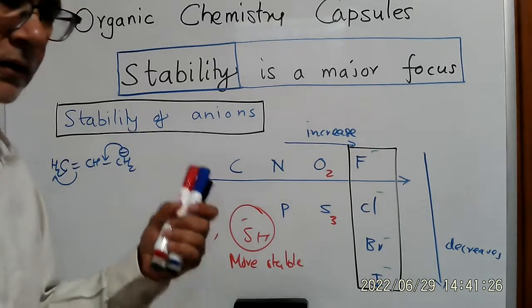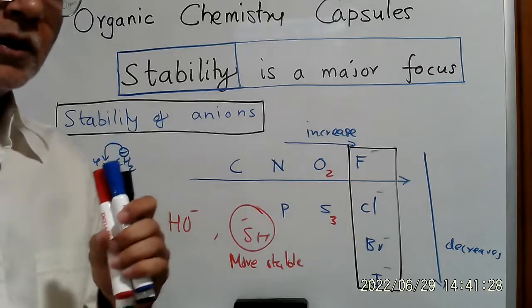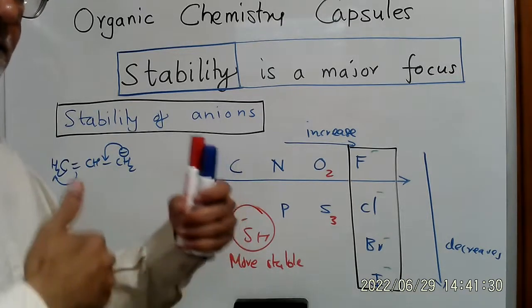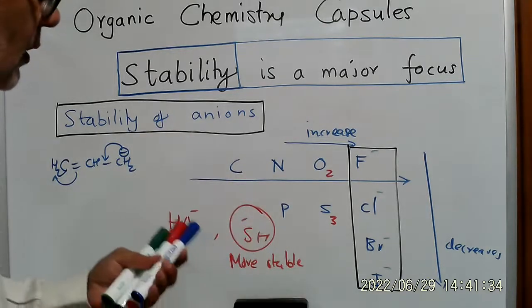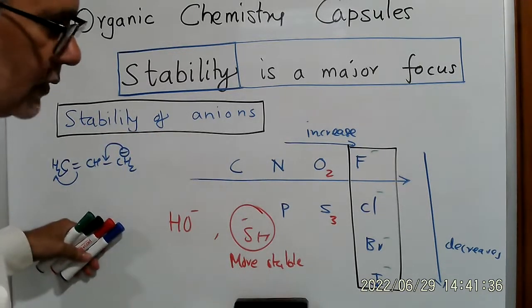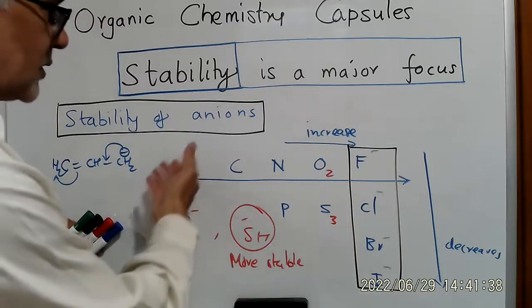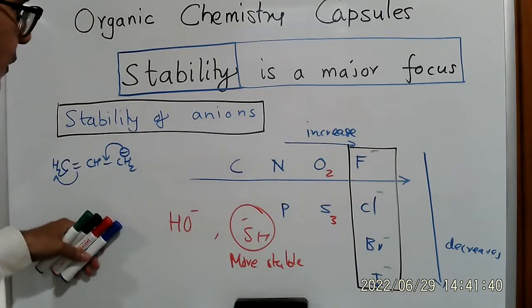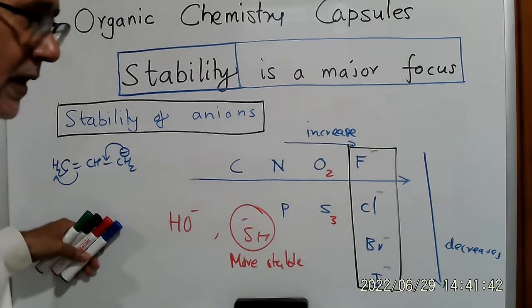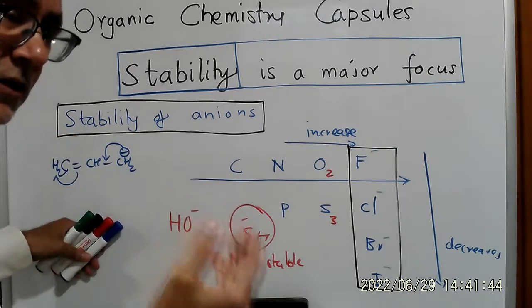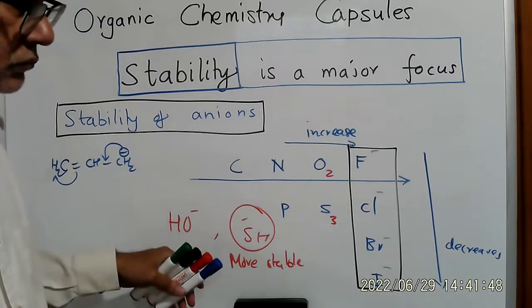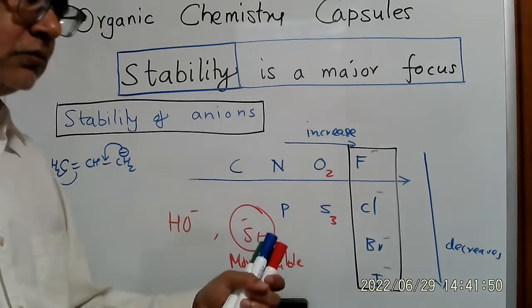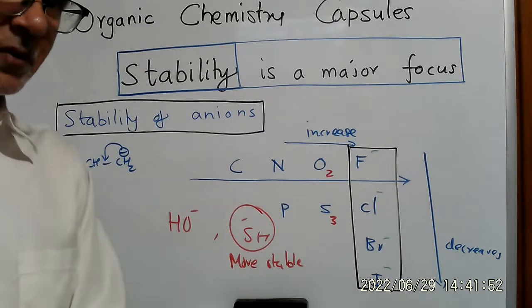But this happens quite a bit in organic chemistry. We start with some concept. We started with electronegativity. We explained how electronegativity helps stabilize certain types of anions. And then later on, like today, we said, oh no, that's there, but there's something else.